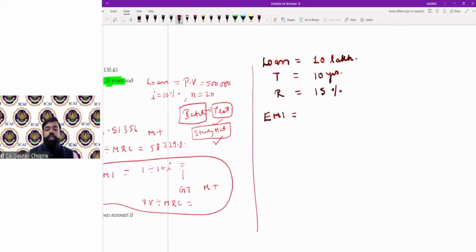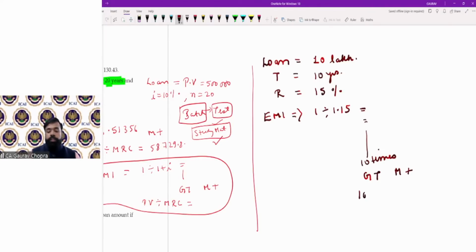So what is the first step? 1 divided by 1.15 and then press equal to. How many times? 10 times. You have to press equal to for 10 times. Then next step is GT. After GT, apply M plus.